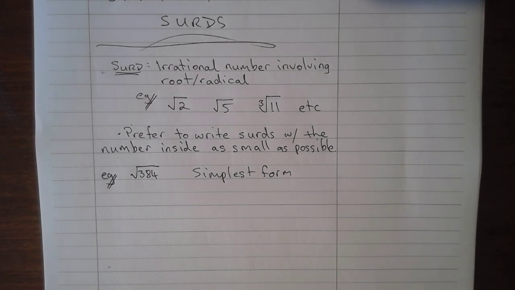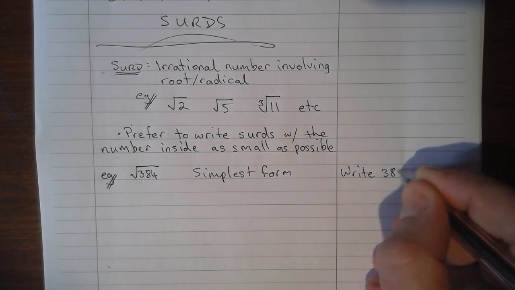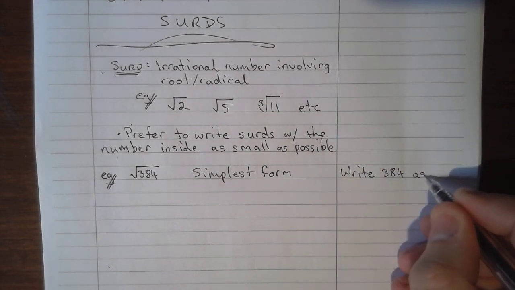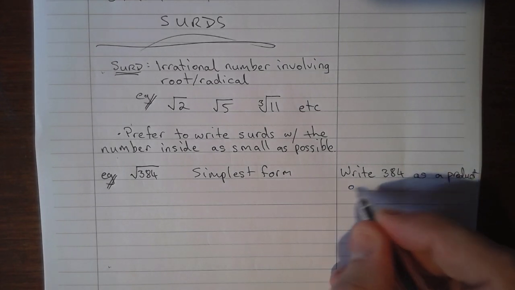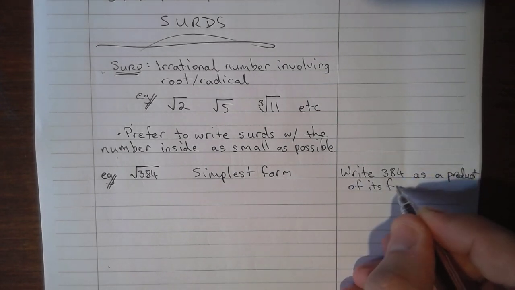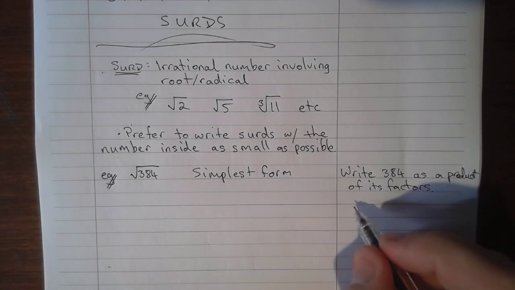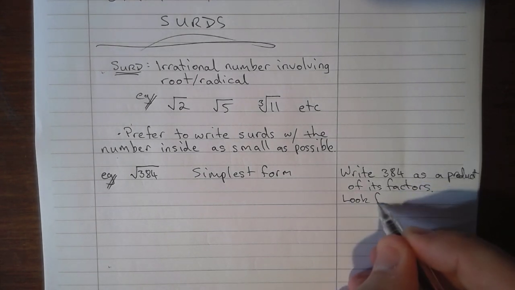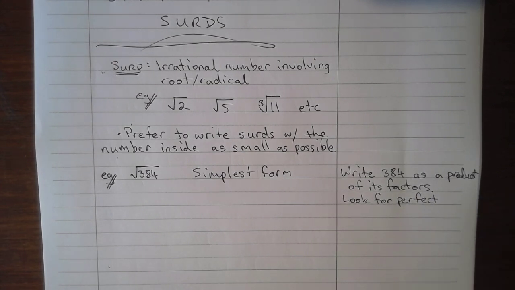The way that we're going to do this is write the number under the root sign, 384, as a product. Of course it needs to be a product of its factors, the things that multiply by each other to give us 384. In particular, we're going to look for perfect square numbers, because those are the ones we're going to be able to simplify and pull out.